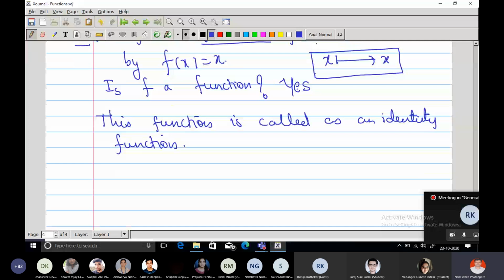So the definition. Let A be a non-empty set.